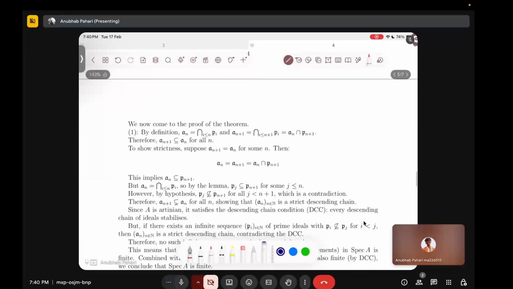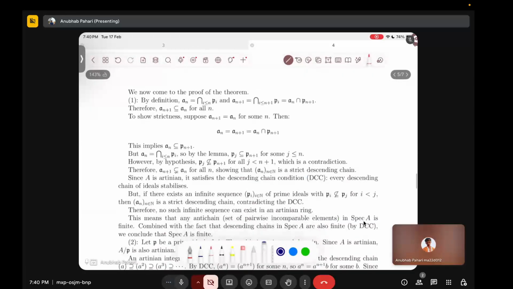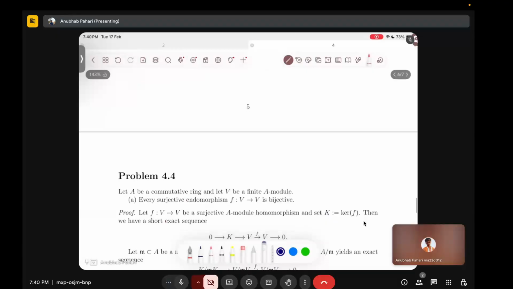Now we come to the proof of the theorem. That is part 1, that the set of all maximal ideals is the set of all prime ideals.